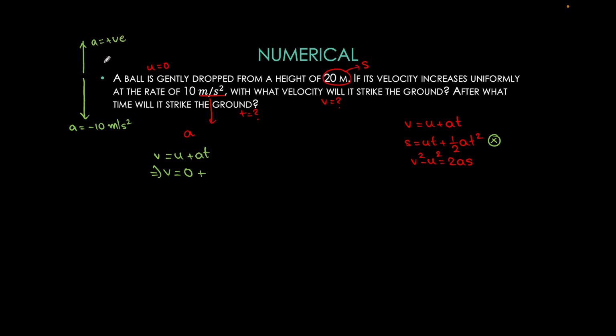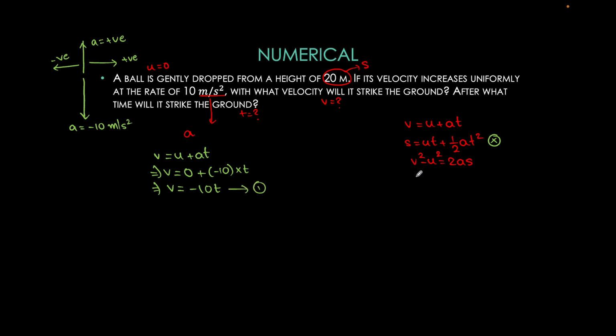Since it is falling down, we will consider the acceleration to be minus 10, right? So we'll write minus 10 into t. We don't even know what t is. So v will be minus 10t. So we have this first equation, right?